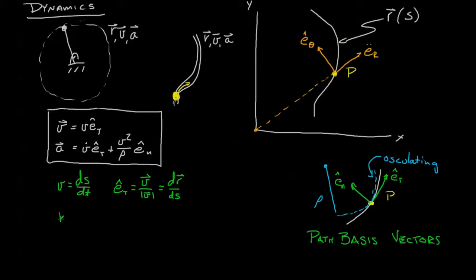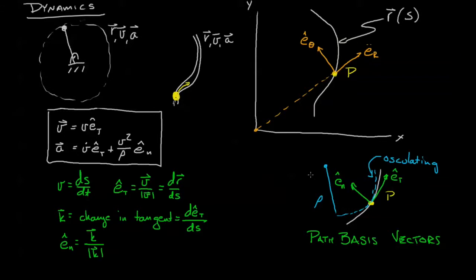Another term that we can define is k. This is the change in the tangent line, or det/ds. That defines En, and with that definition we can then say that En is k over the magnitude of k.